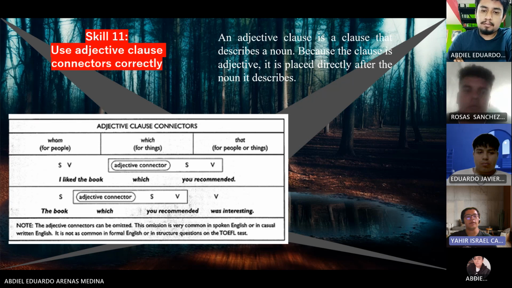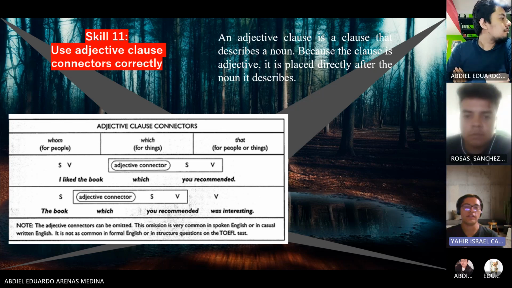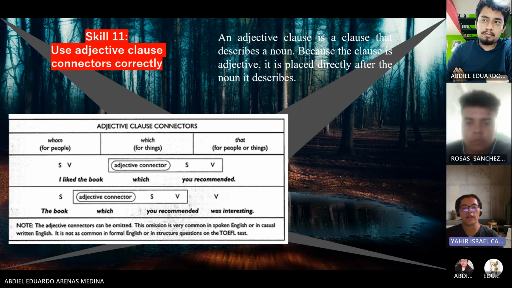Okay, skill 11, use adjective clause connectors correctly. An adjective clause is a clause that describes a noun. It is placed directly after the noun it describes. Adjective clause connectors could be whom for people, which for things, and that for people or things.